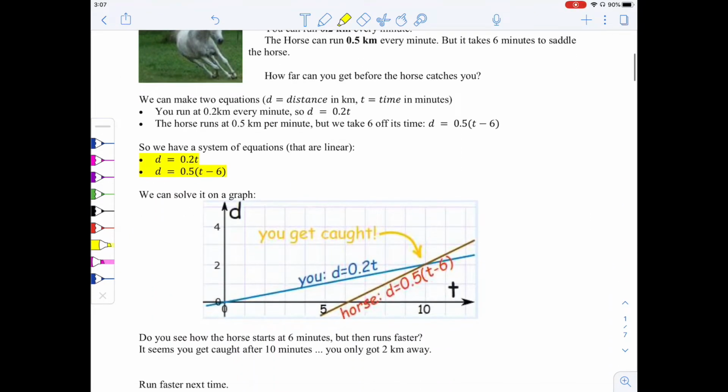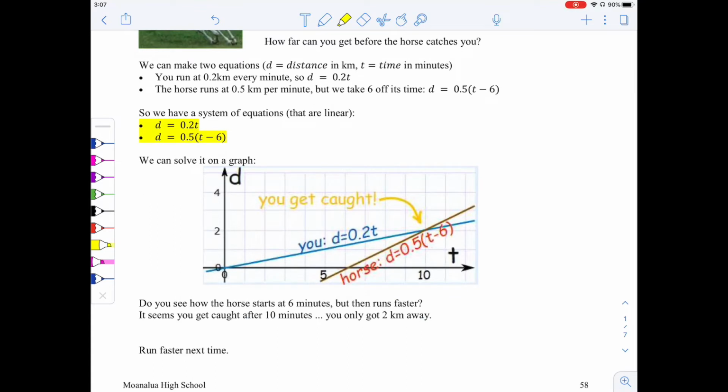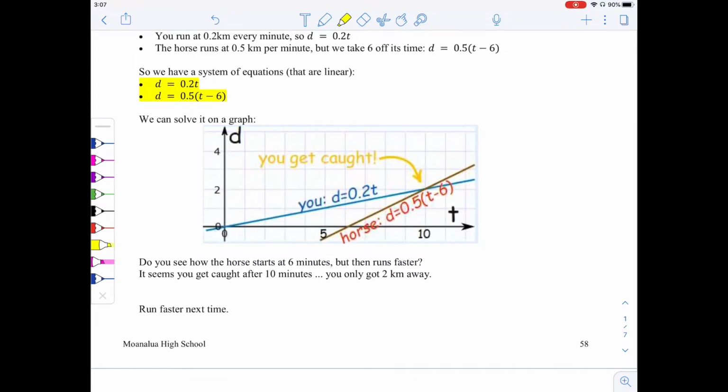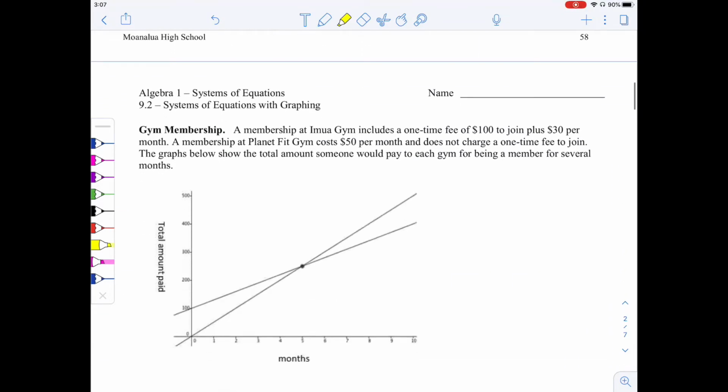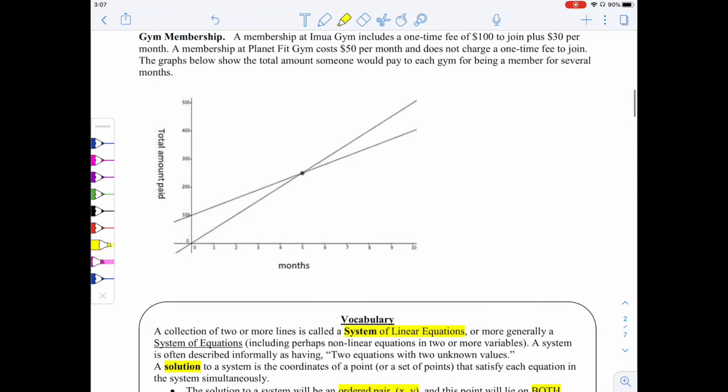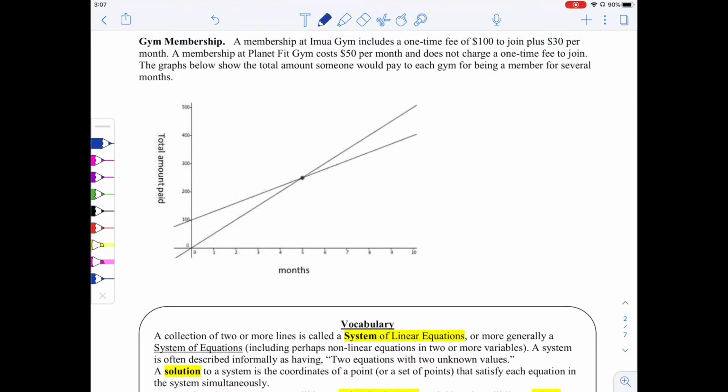Just like we did last time, wherever your lines intersect, that is your solution, right? So when you have the gym membership right here, you can see whenever they intersect, that's when they're both the same, right? So this is your solution right here.